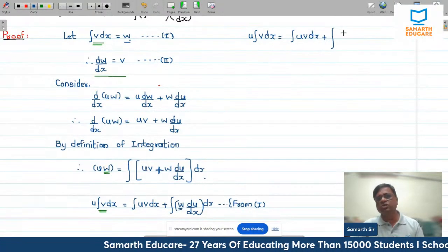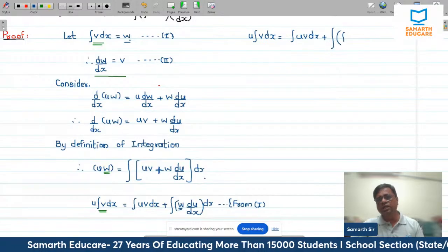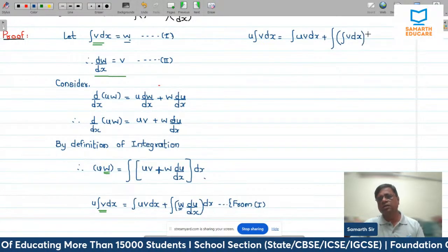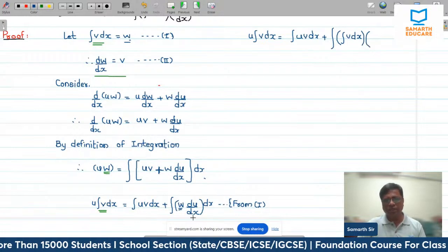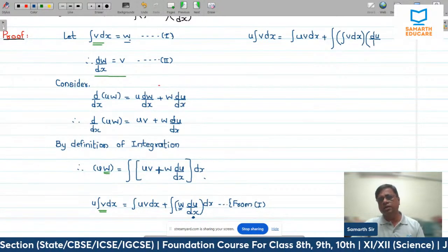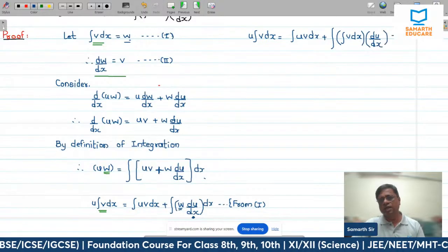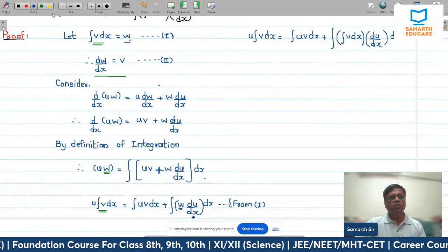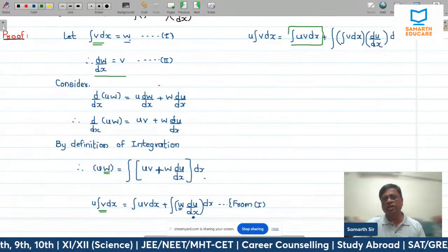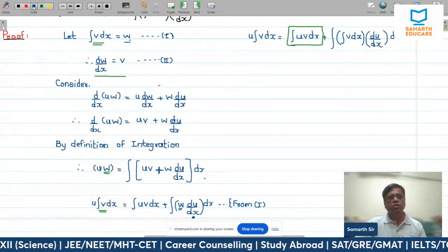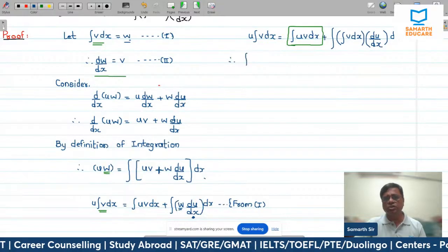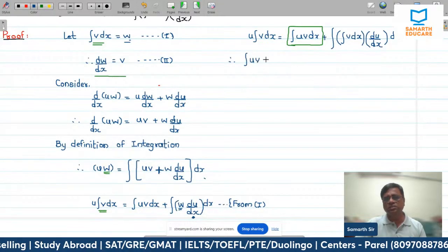W is integration of v dx, into dw by dx, du by dx and dx, right? As per the theory, we are looking for the integration of uv dx. So, just simple mathematics, integration of uv dx.